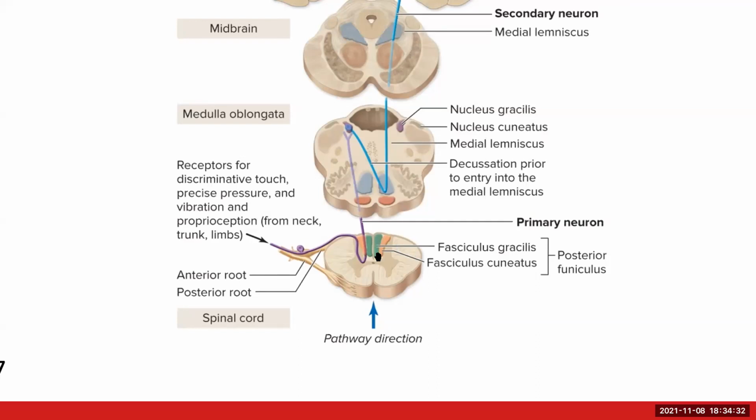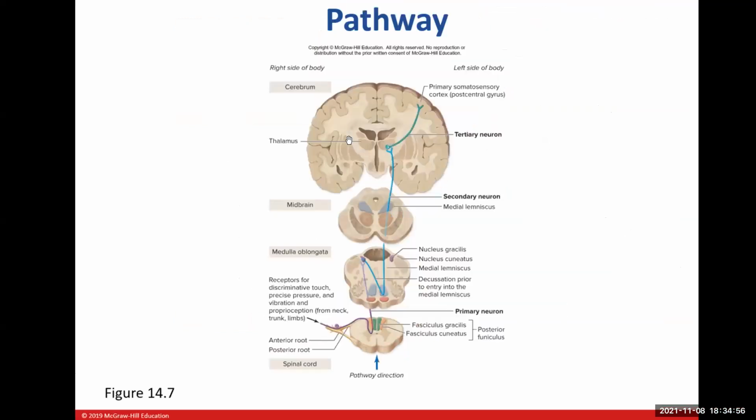If that information is coming from your hand, then it's going to travel in the Fasciculus cuneatus. Point being, that primary neuron will enter into either one of these fasciculi, depending on where it's coming from, and it's going to ascend up to the brainstem. More on that in a second.